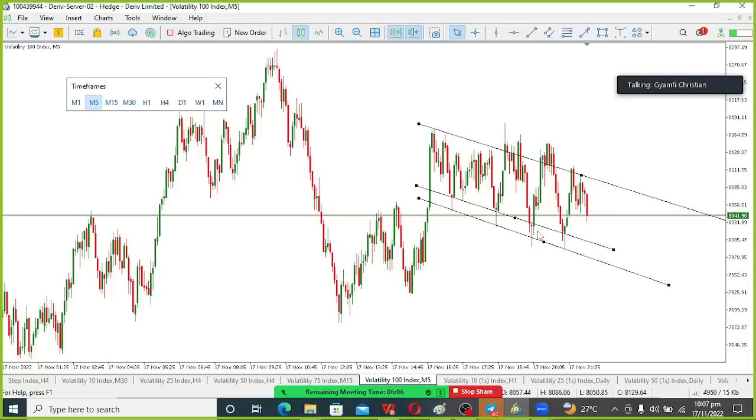It came to hit on the same level. So where we have a lot of wicks, and you don't want to be confused, you can just ignore the wicks, and then you focus on the closes and then the opens.